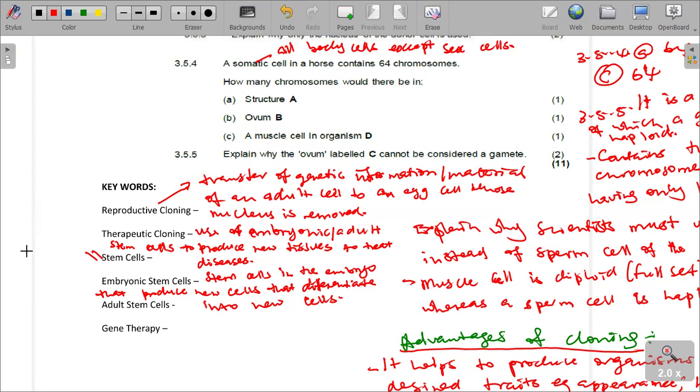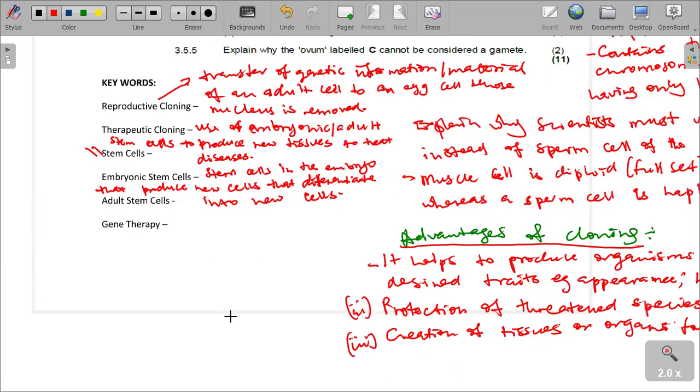And then the last but not least is gene therapy. Gene therapy is the introduction of genes into an affected individual for therapeutic purposes. We have talked about treatment of diseases through cloning, so this is gene therapy.